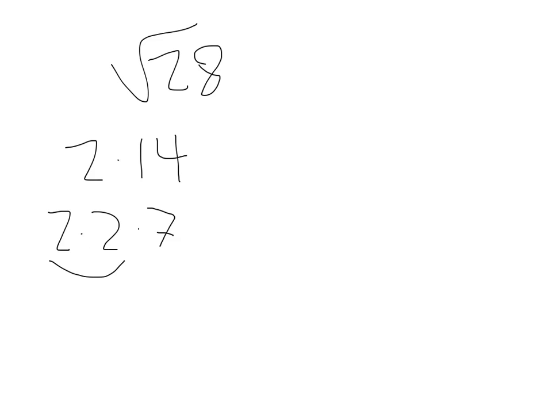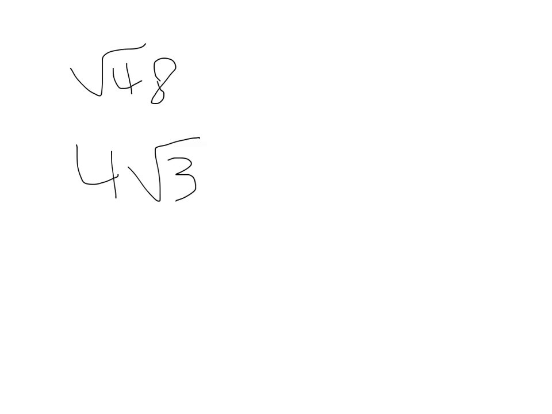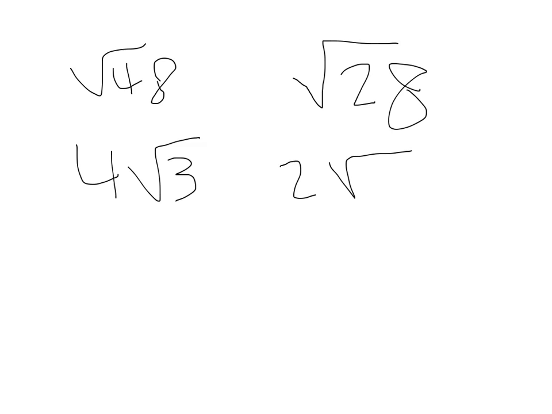Here we have the square root of 28, which is 2 times 14, which is 2 times 2 times 7. We have our pair right here, but it doesn't matter because there's not another pair that we can multiply it to. So, you're just going to have 2 root 7. So we have our square root of 48, which we found was 4 root 3, and our square root of 28, which we found was 2 root 7.